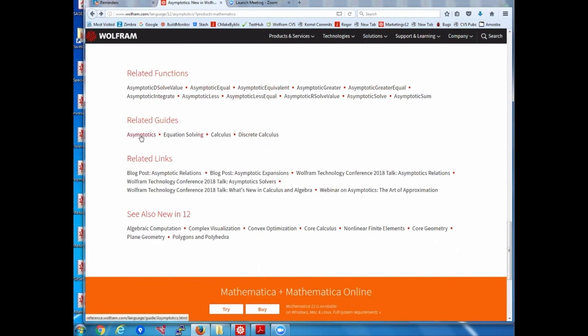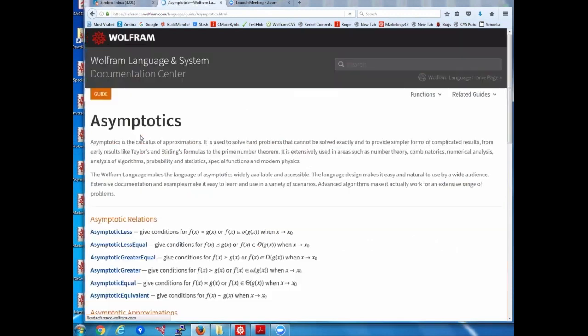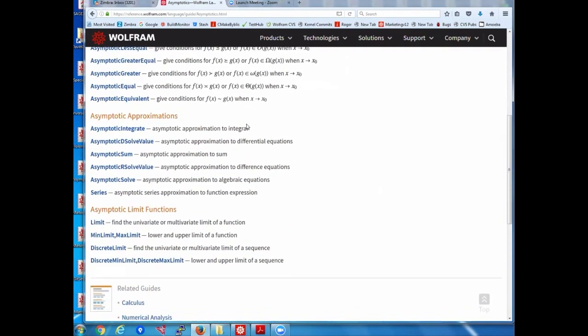Of course, if you really want to start out, you might be best off just going to the guide page, looking at all the different functions, clicking your way, and enjoying the wonderful new functionality. And notice that we also have the limit functions over here, which were introduced in 11.2, and they are the place where we actually began our asymptotics journey.